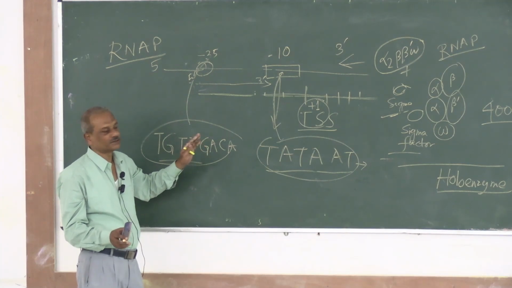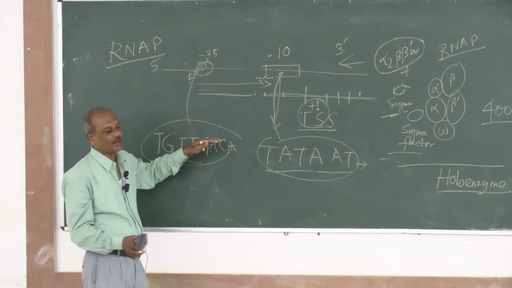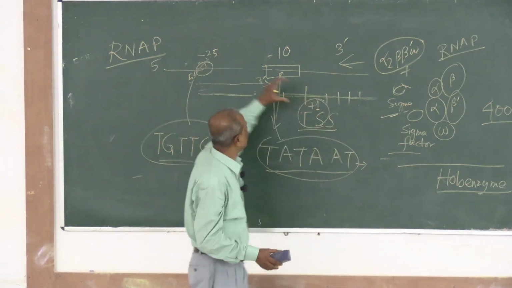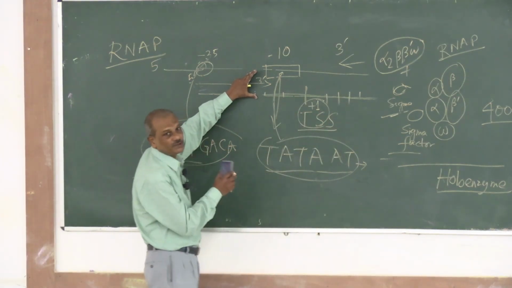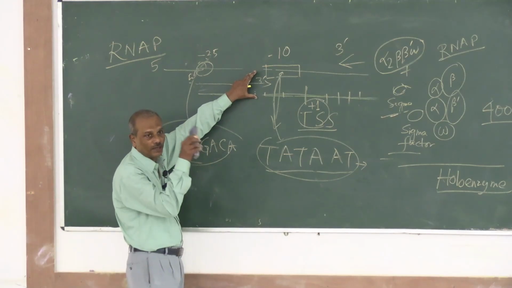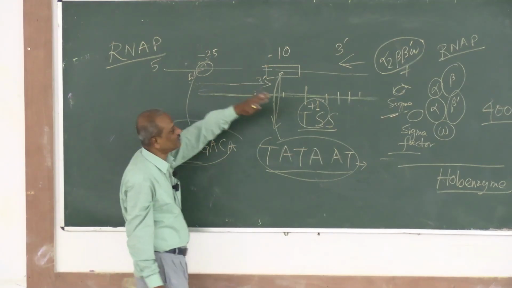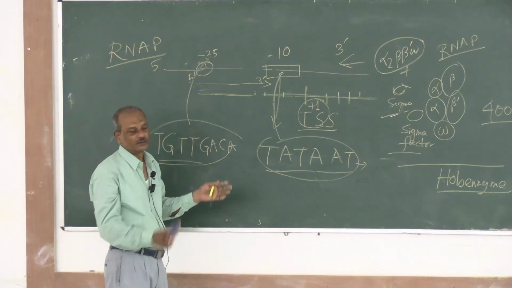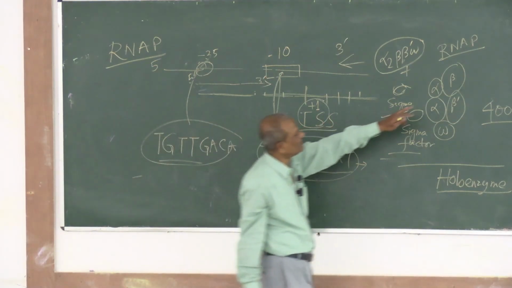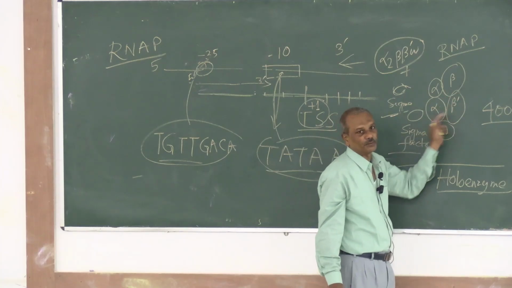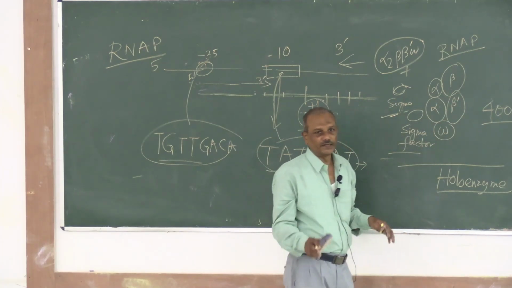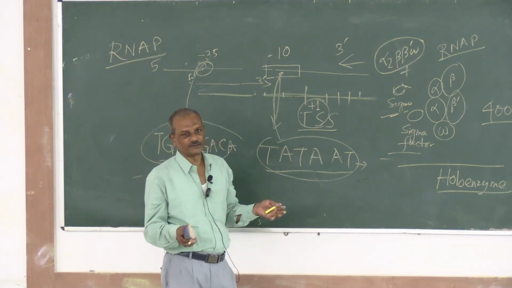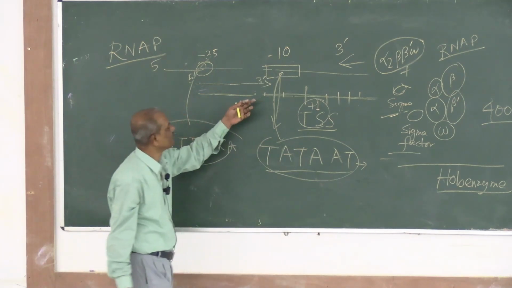Once this is formed, the alpha subunits bind with the DNA molecule and with the RNAP. The RNAP binds with the DNA and starts unwinding. The beta prime subunit is endowed with the property of helicase, so it unwinds the DNA.